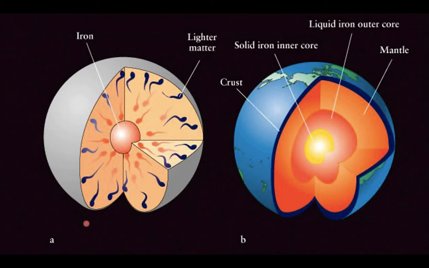Now, Earth itself, in its molten state, underwent a process whereby the heavier, denser elements sank towards the center of gravity of the Earth, and the lighter ones stayed around the outside.